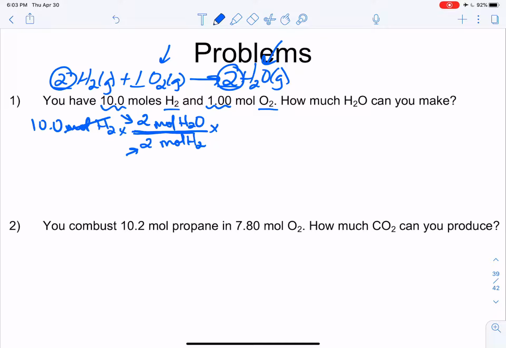So we've canceled out our moles of hydrogen, and now we're in moles of water. And we want to get out of moles of water because generally when we see something that says how much, it means that somebody needs to be able to measure it. And most of us don't have a scale that does moles of substances.